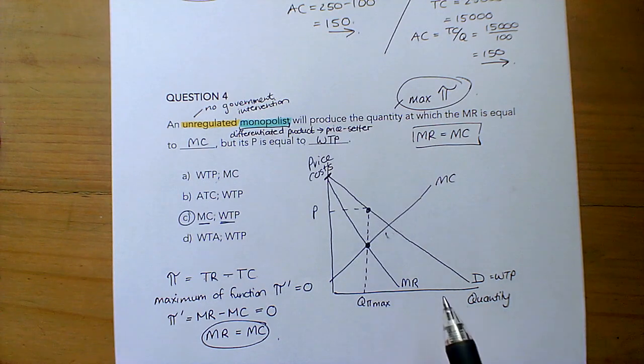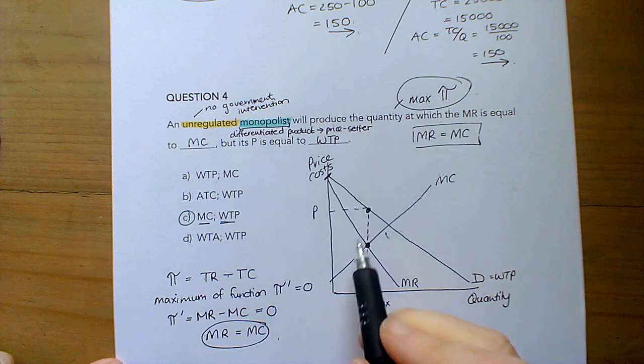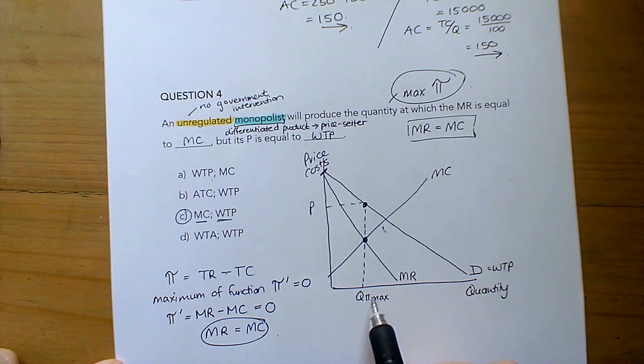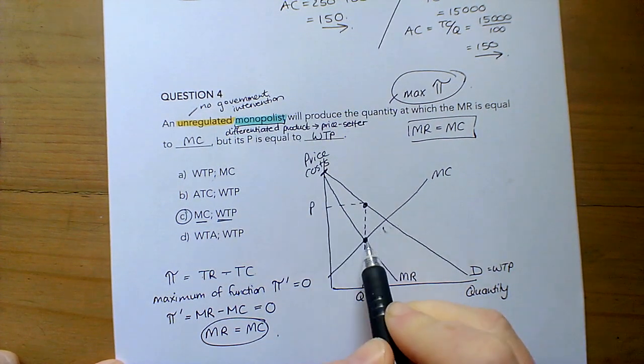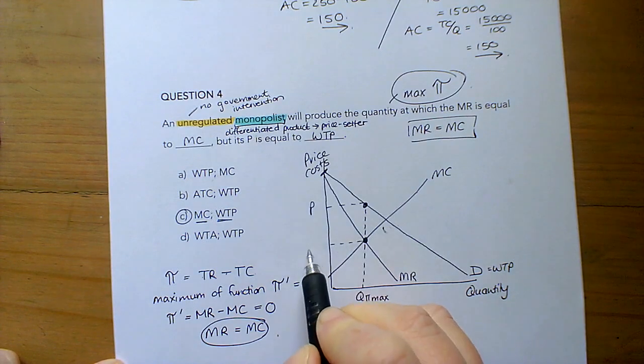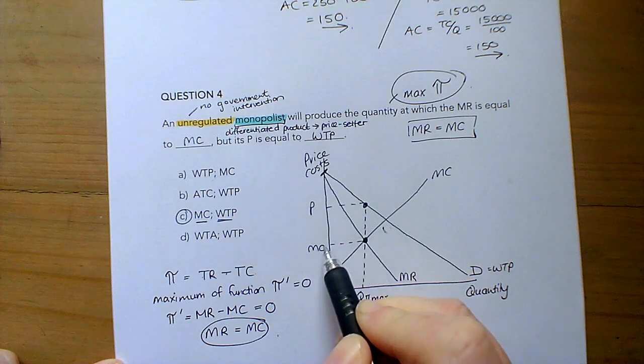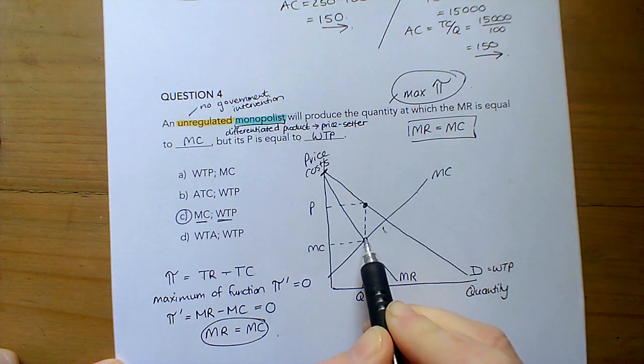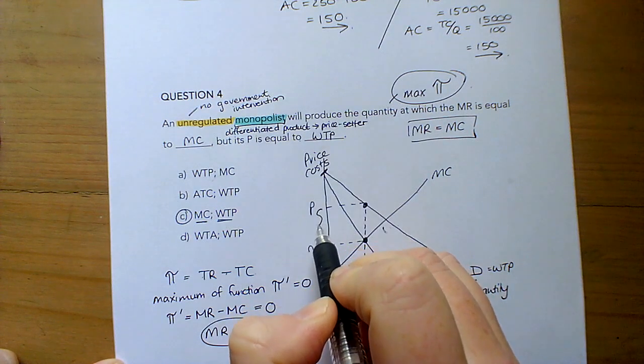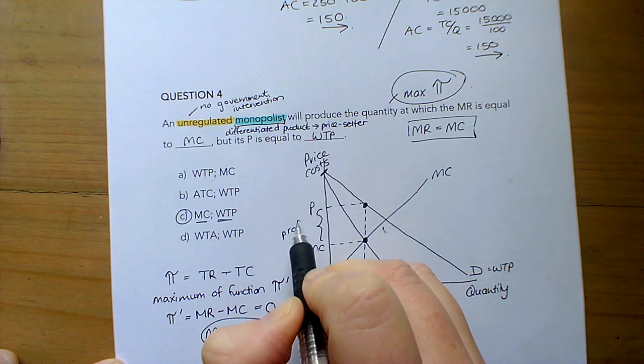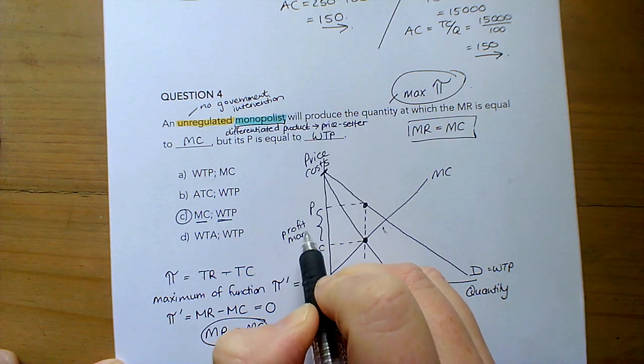The other thing that we can look at in this picture is that at this profit maximizing quantity, they're able to charge this price. This price exceeds the marginal cost of the last unit produced and sold, and we call this difference the profit margin.